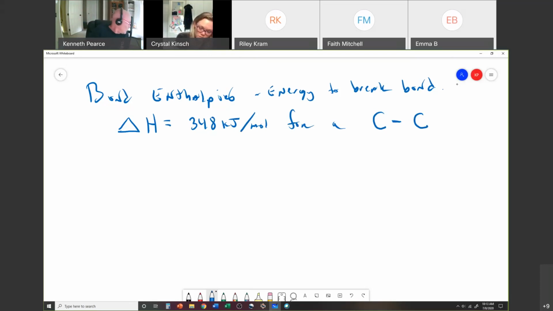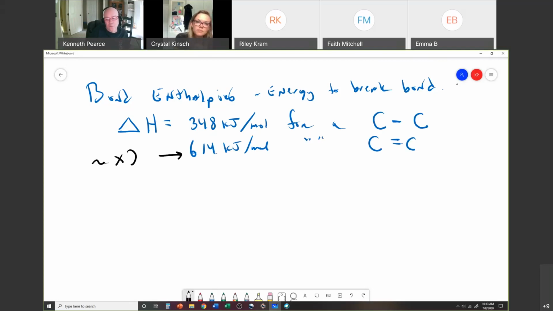And if you have a double bond, it's 614 kilojoules per mole for a double bond. And look at this right here. Would you say this is about twice as much?